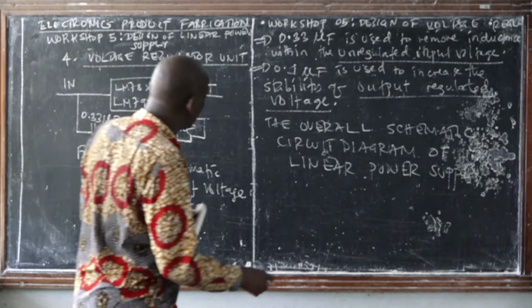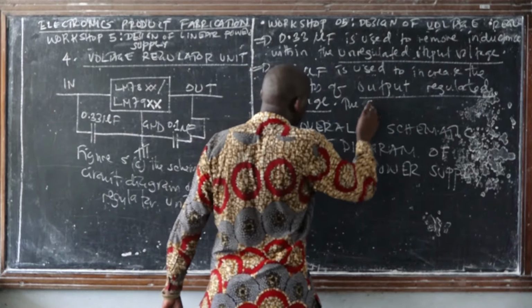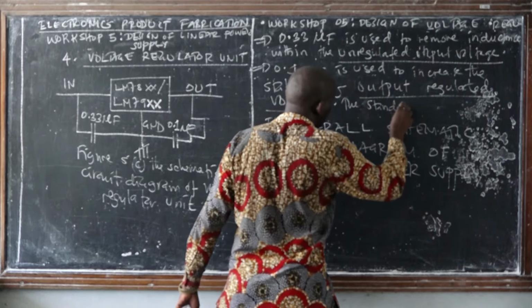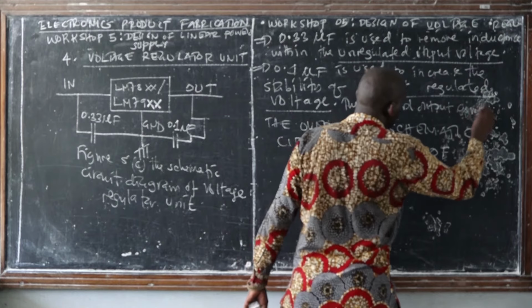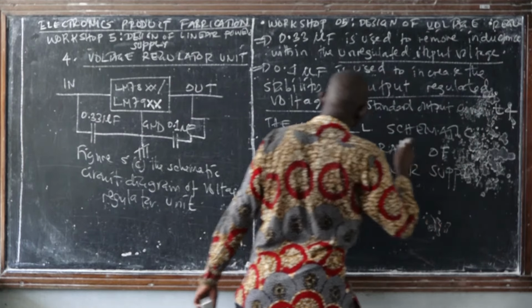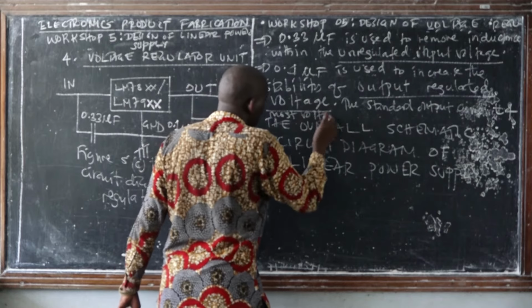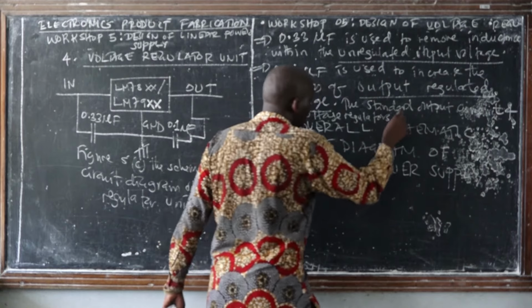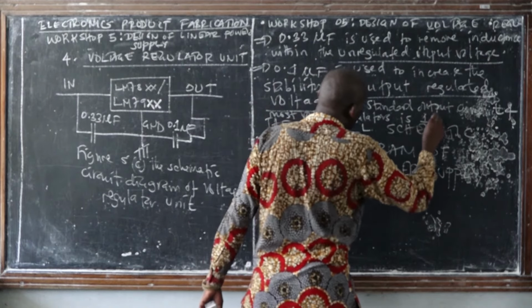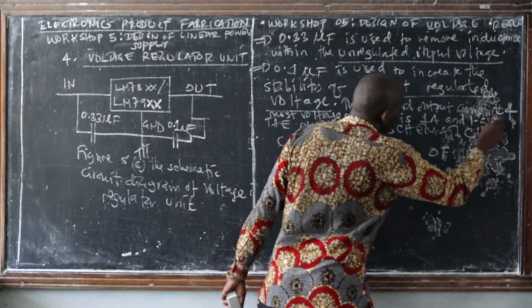The standard output current of most voltage regulators is 1 ampere and the low level 1.5 ampere.